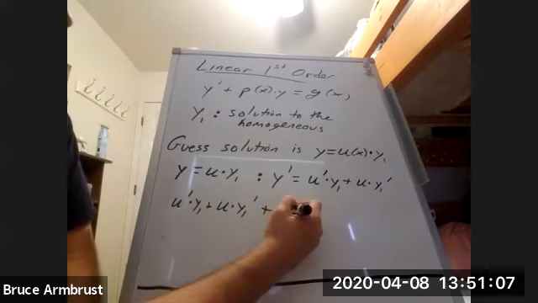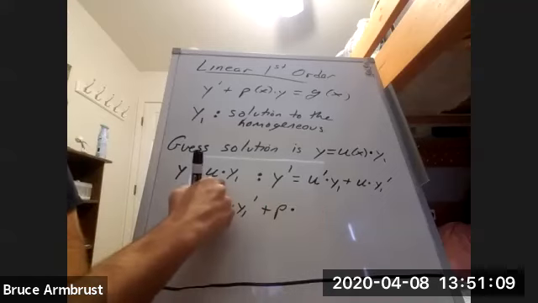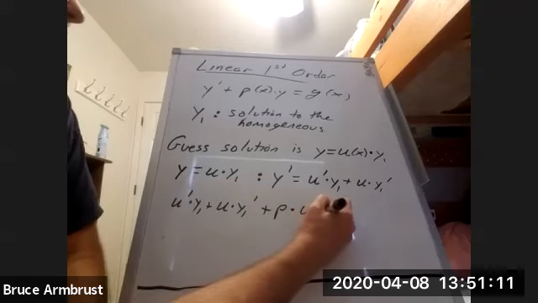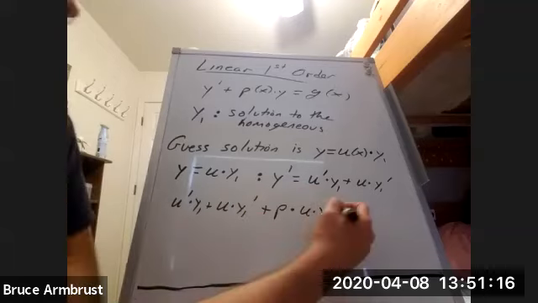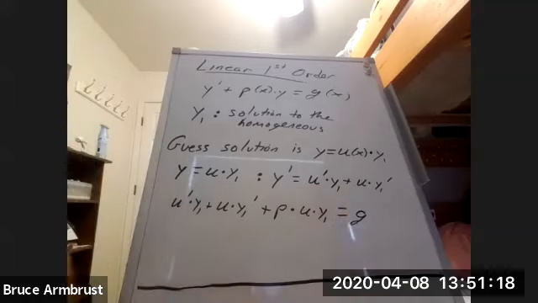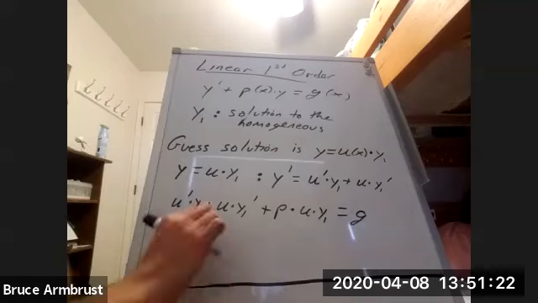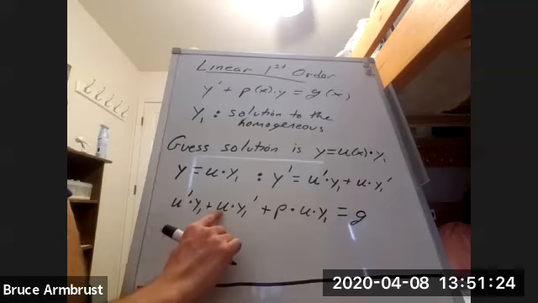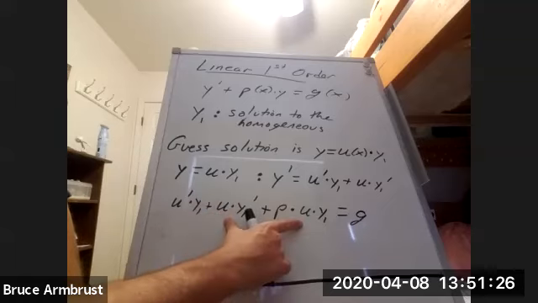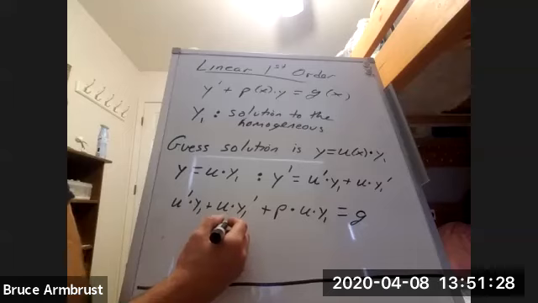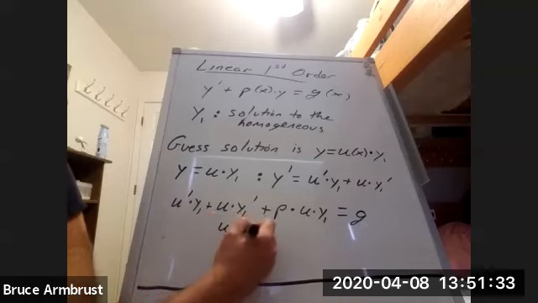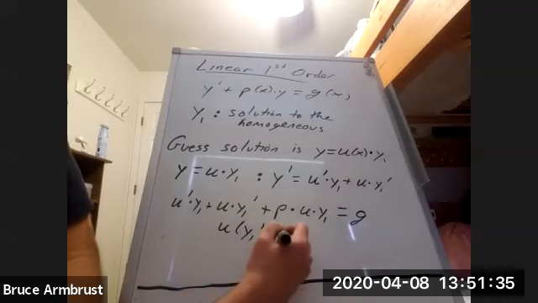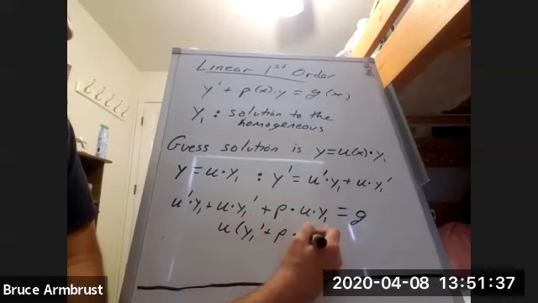Do it this way, p times, well, the guess we're using for y is u times y1. And that's still going to equal g. Well, check this out. If I factor out those u's, I'm going to get u times y1 prime plus p times y1.